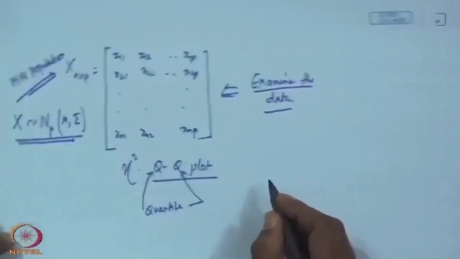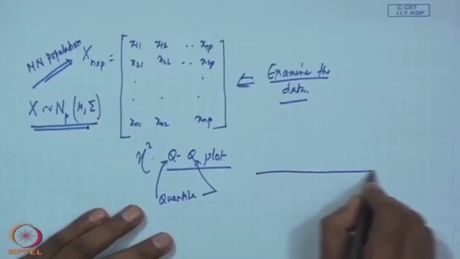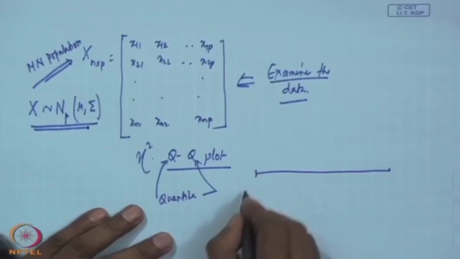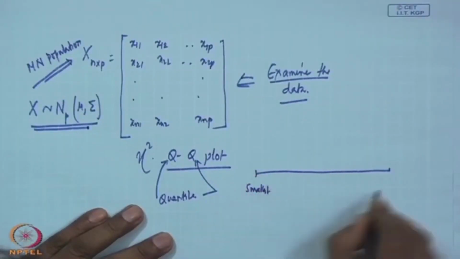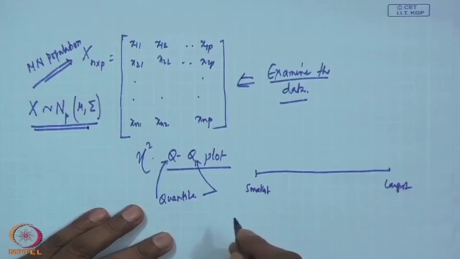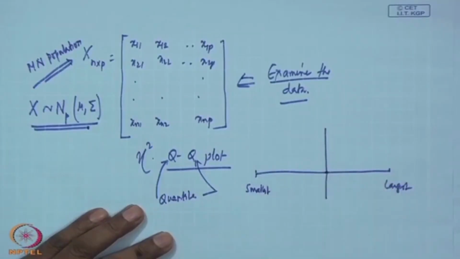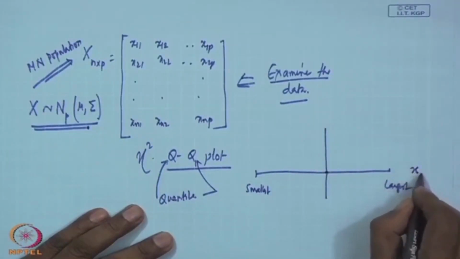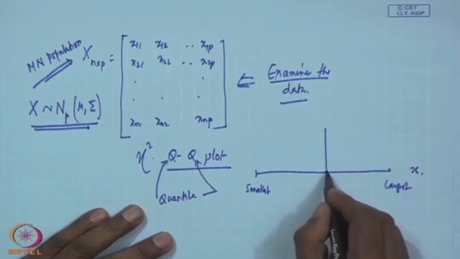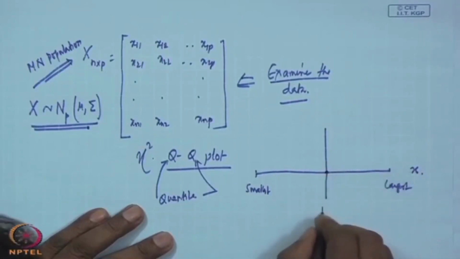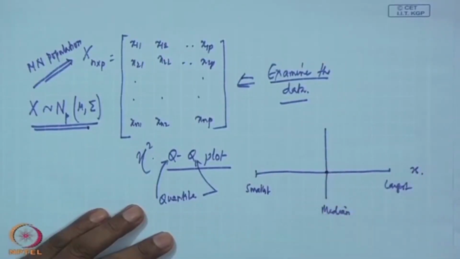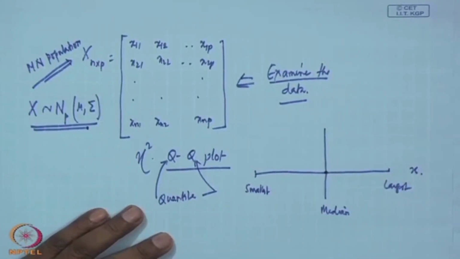So, how do you get the median? Your data points, you first order the data from smallest to largest, ascending, and then you find the middle location. If this is my variable x, the middle value of x is the median. When you are making the median, how many parts are you making for the data? 2 parts, 50-50. So, this is one side, this is another side.